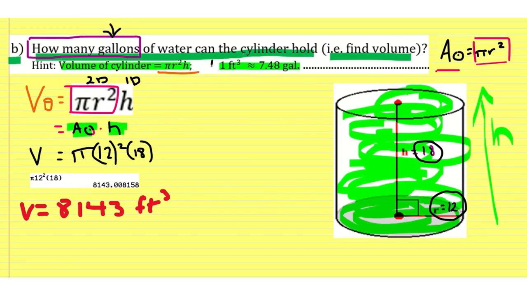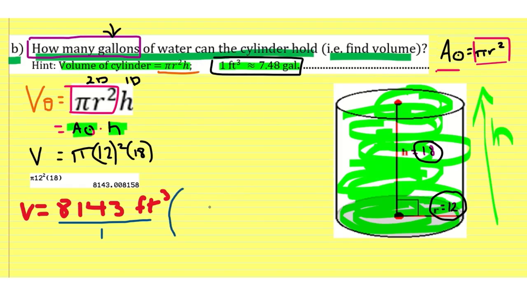So we're going to use this ratio that they actually gave us. Okay, so we've got a number of 8,143 cubic feet. I do not want my final answer to be in cubic feet. I want my final answer to be in gallons. So what I'm going to do is put this number that I've calculated to find the volume over the invisible 1 to remind myself that it is in the numerator.